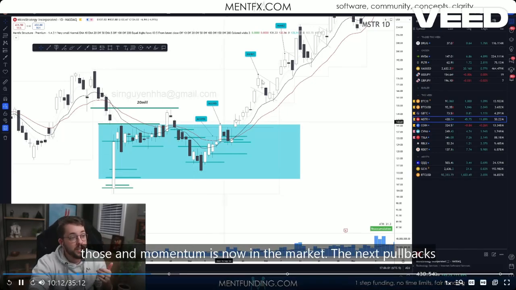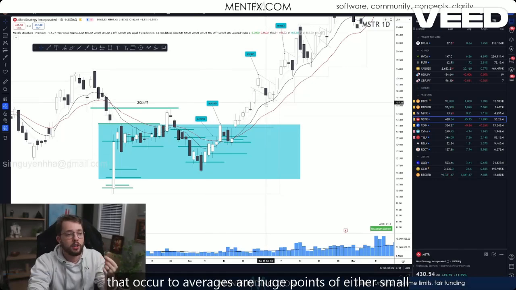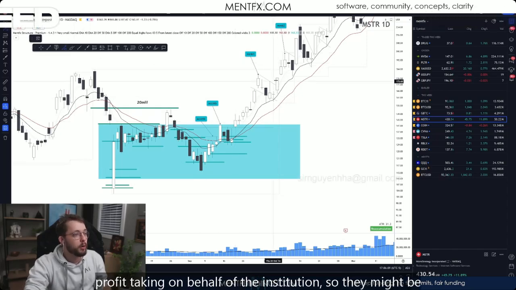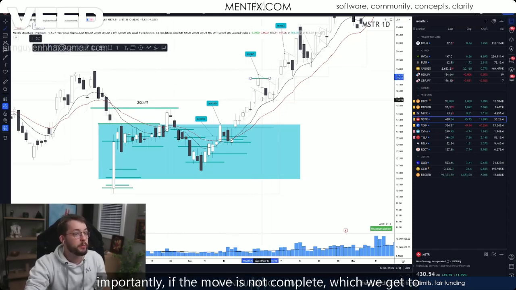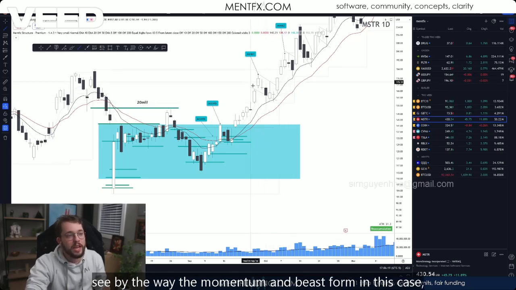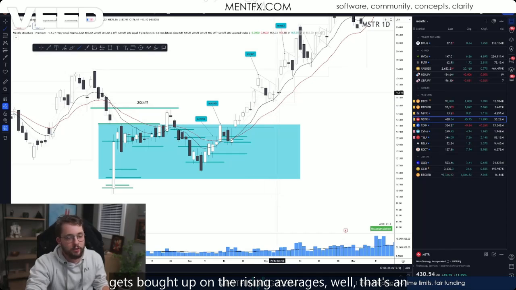Now that it's created those and momentum is now in the market, the next pullbacks that occur to averages are huge points of either small profit taking on behalf of the institution. So they might be taking profits off of some of this. But most importantly, if the move is not complete, which we get to see by the way the momentum MBs form in this case, very clear, it doesn't sell off heavily, comes and gets bought up on the rising averages.